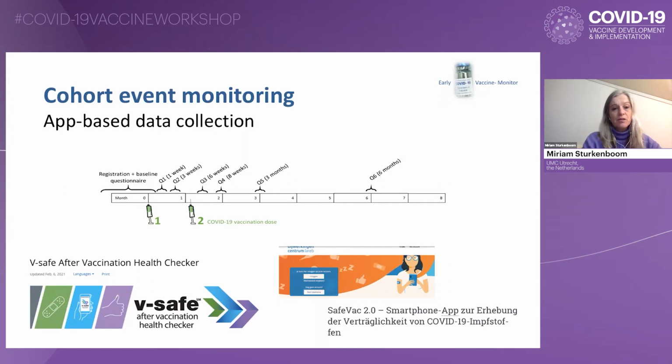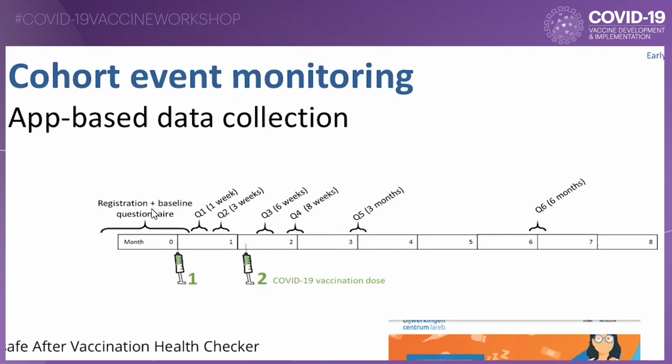They can register online, fill out a baseline questionnaire, they get their vaccine, and then periodically, after 1 week, 3 weeks, 6 weeks, 8 weeks, and 3 months, they get a questionnaire that they can fill out. And the purpose here is to monitor the occurrence of adverse events, so you can actually calculate how frequently they occur.